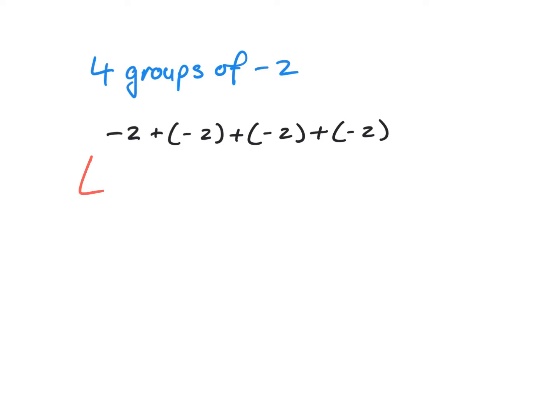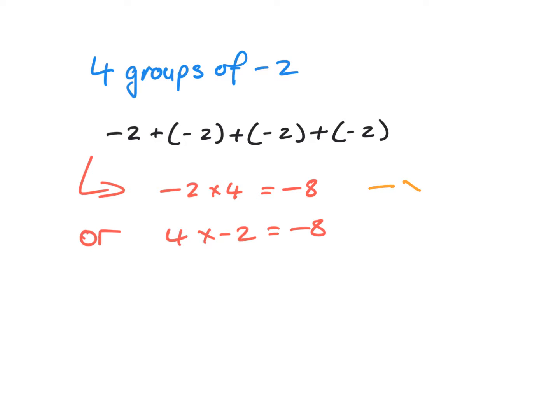This in turn could be written as -2 multiplied by 4 is equal to -8, or 4 times -2 is equal to -8.